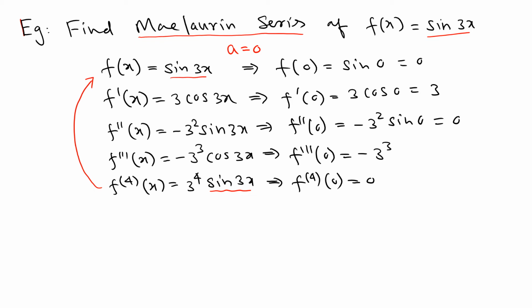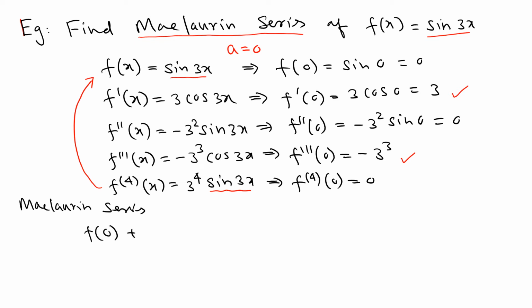Also, there's a sign convention. So now we're going to plug these into the series, the Maclaurin series. We can also notice that we only have the terms with odd derivatives. The first derivative term is there, the third derivative term is there, and everything else is 0. So you can notice that. But let's write the general series.